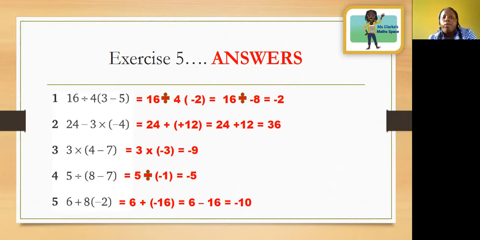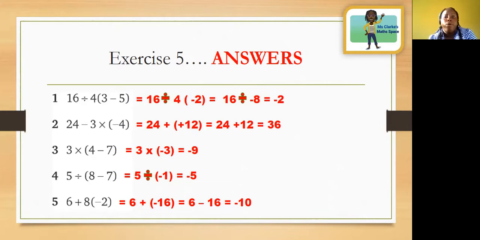So number 1, we have brackets, so you know that we need to work out those brackets first. 3 take away 5 is negative 2, so you work with those brackets and you put back everything in the same position. So you're going to have 16 divided by 4 multiplied by negative 2, because brackets also means multiplication.